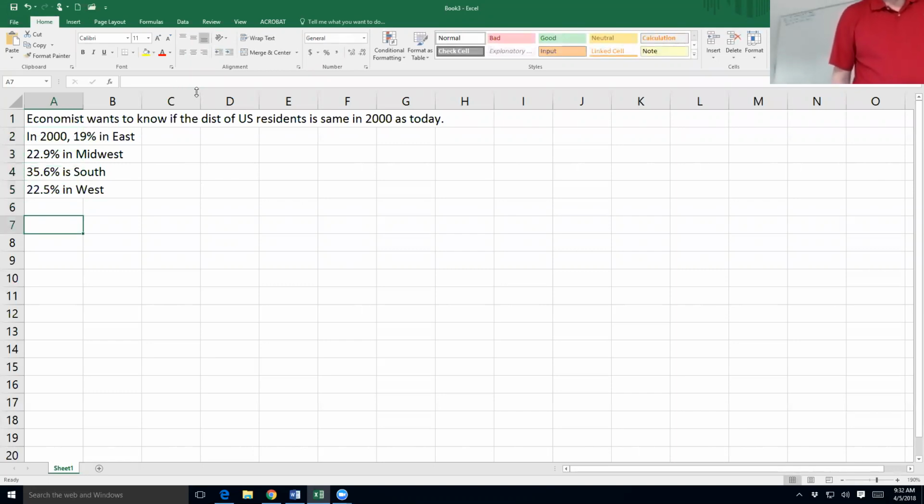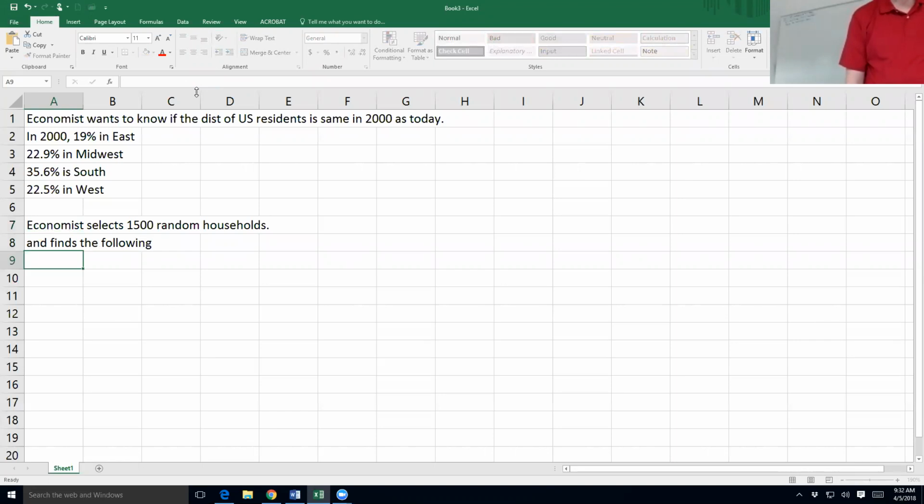Okay, so the economist selects 1,500 random households and finds the following. So we've got a region here.